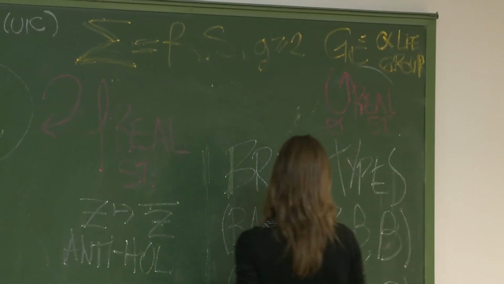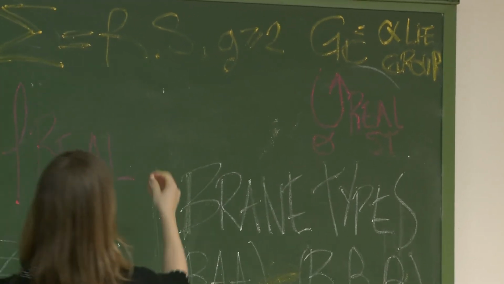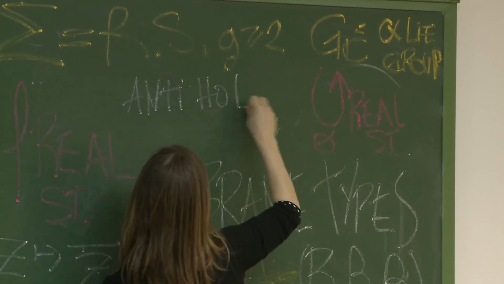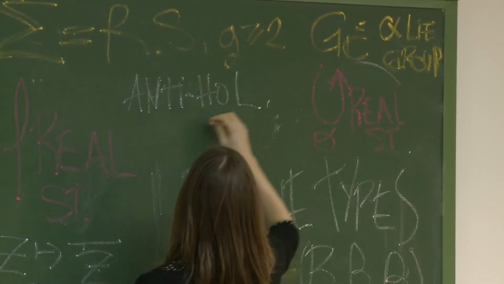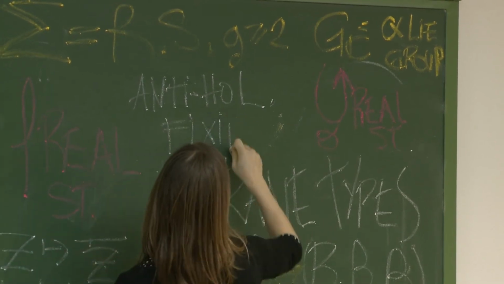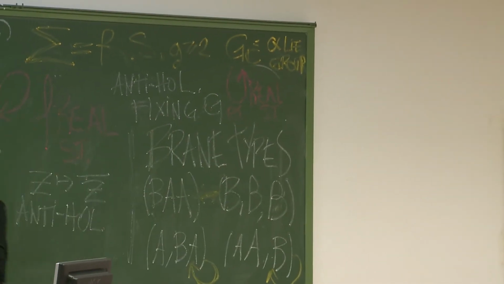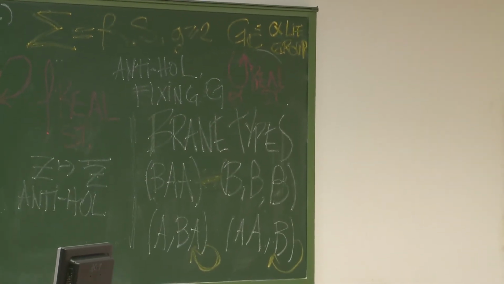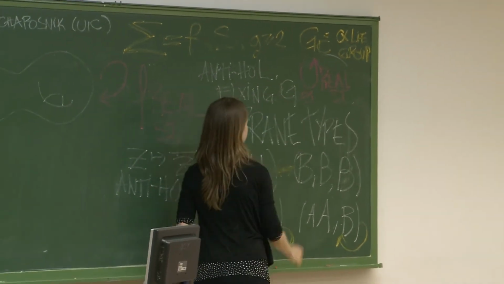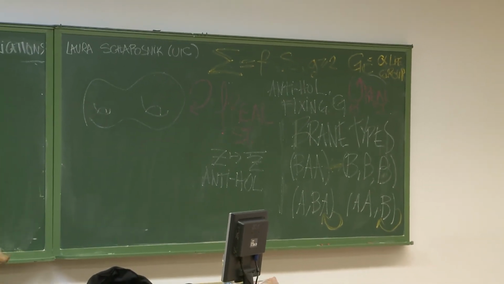This means an anti-holomorphic involution fixing some real group G of G_C. So you can think of SL(n,C) and reduce yourself to SL(n,R), for instance. Through those objects, we can define already 3 types of branes, and I'll tell you how.